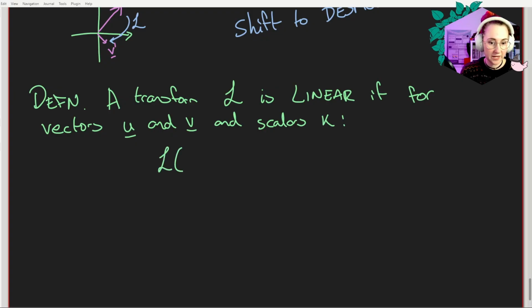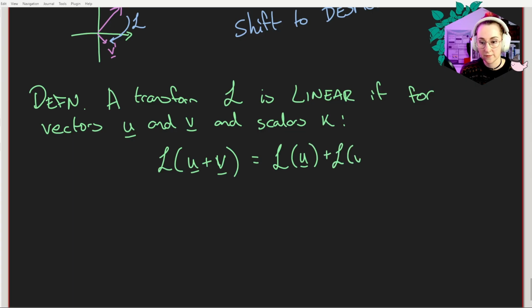We can take a linear transform of a sum of vectors, and it's the same as the sum of the transforms of the vectors. So the transform of the sum is the same as the sum of the transforms.